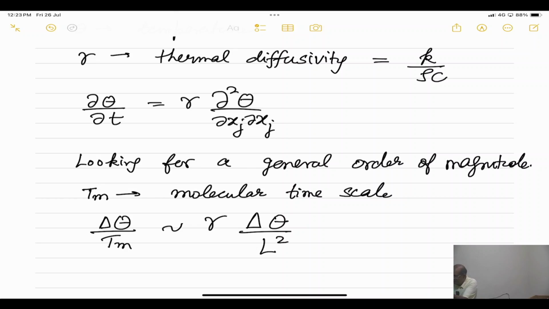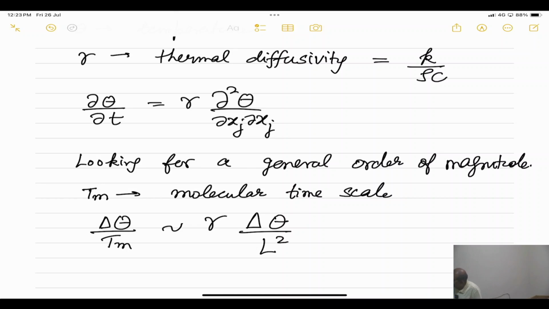This is not an exact derivative I am calculating; it is of the order of delta theta, the change in temperature which is taking place in the room. Let's say we start with a temperature of 10 degrees centigrade, and after some time it becomes 15, 16, whatever it is. So, delta theta represents that order of magnitude. It is not an exact number.